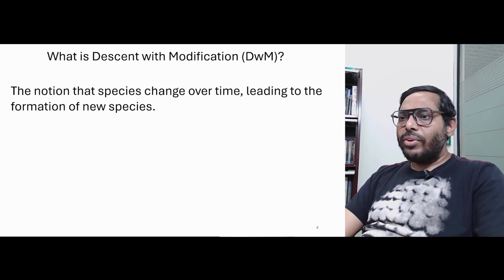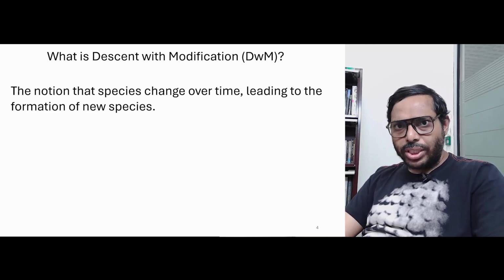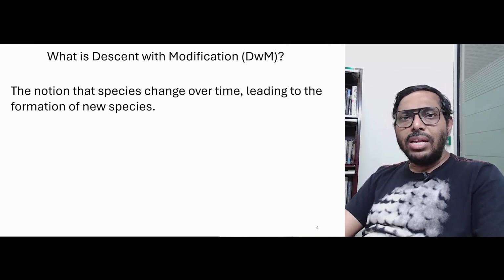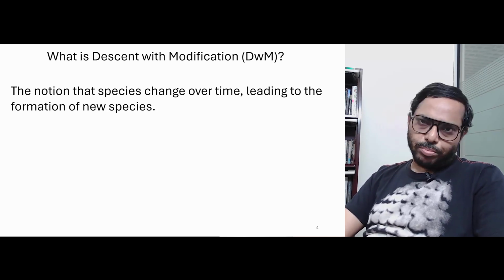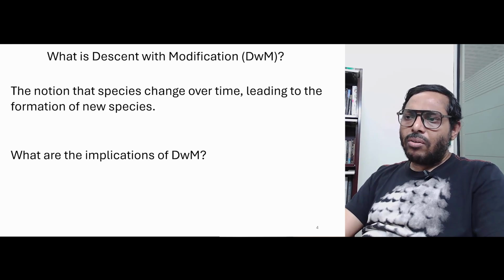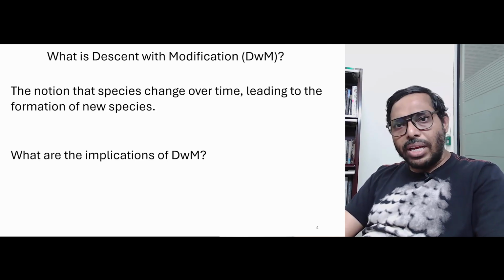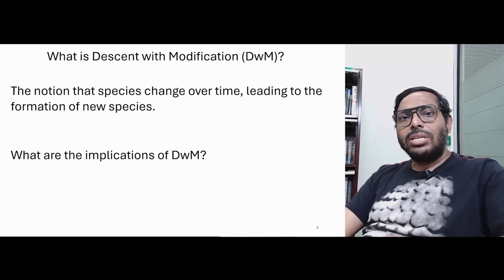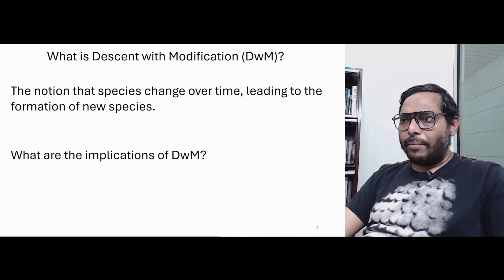Descent with modification refers to the notion that species change over time, which finally leads to the formation of new species. And what exactly are its implications? In order to understand its importance, that is what we are going to look at.